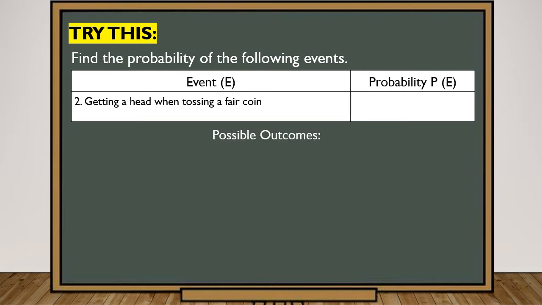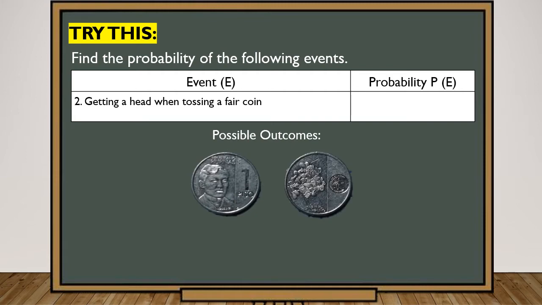The possible outcomes when you toss a coin: either you will get head or tail. There are only two possible outcomes when you toss a coin. Since we only have one head out of the two possible outcomes, the probability of getting a head when tossing a fair coin is 1/2, or 50%.